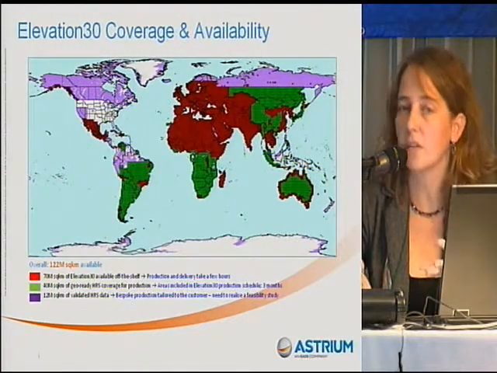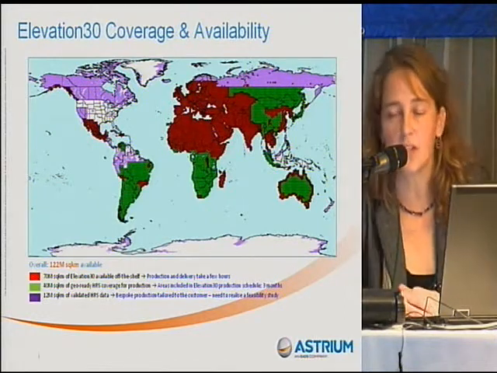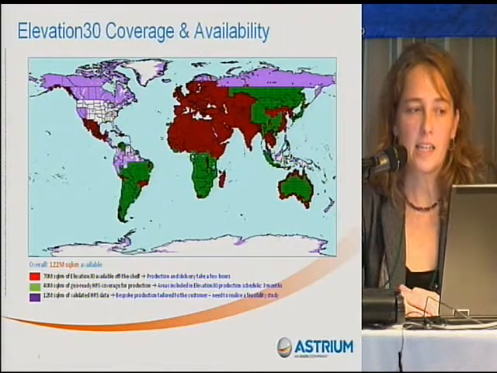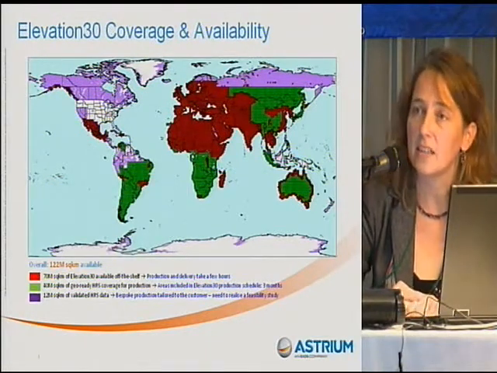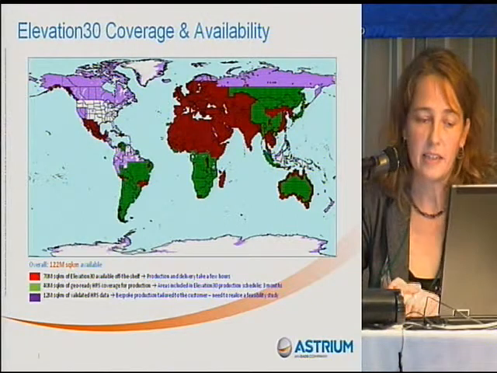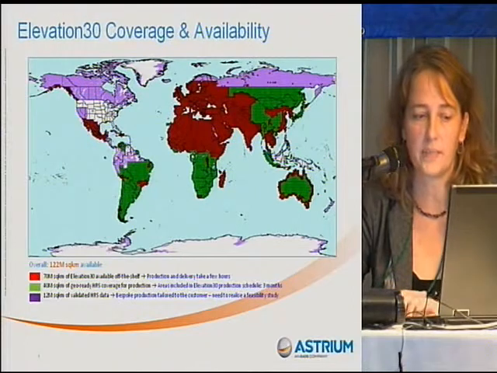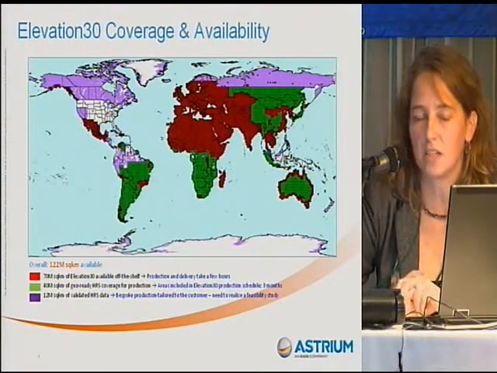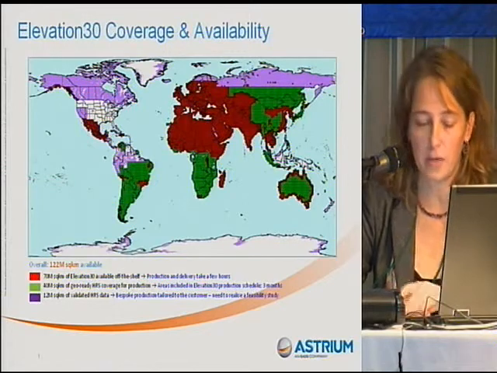If there is a request, we just need to produce the elevation model out of it. And even for these purple areas, we have already validated areas in the archive, but for these we would have to apply a feasibility study first. But the red areas you could get right away.